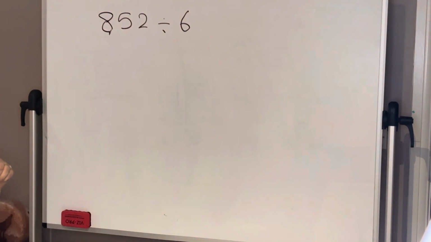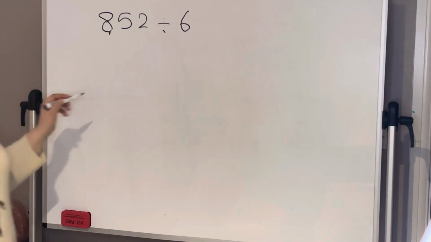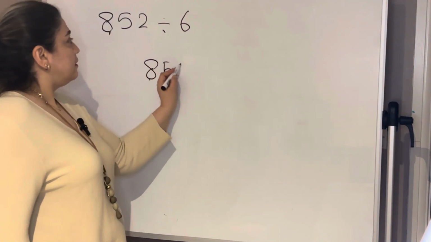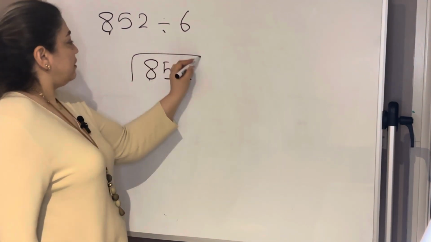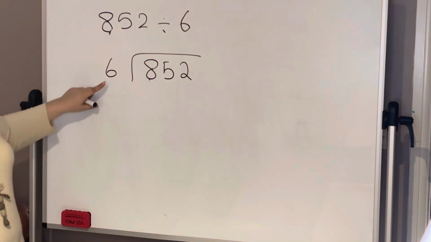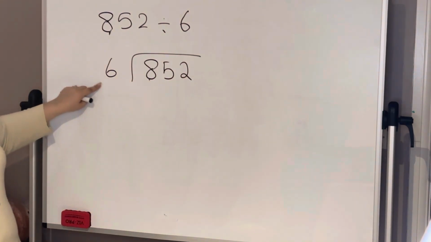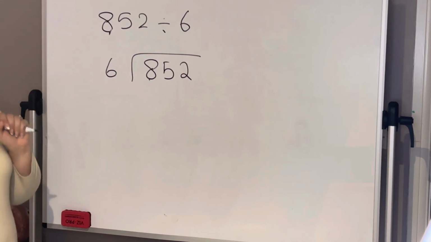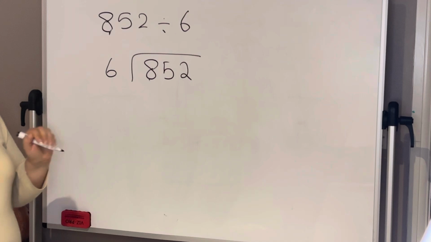Yes. So I recommend to my students, and also here I said, when you write down the division like that, okay? First of all, write down the times table of 6 for yourself. It helps you a lot, okay?